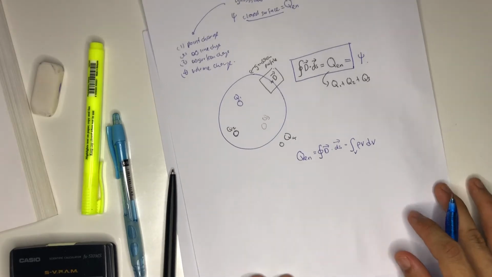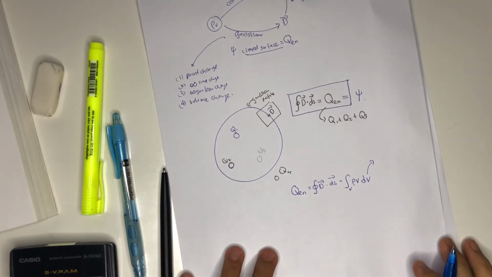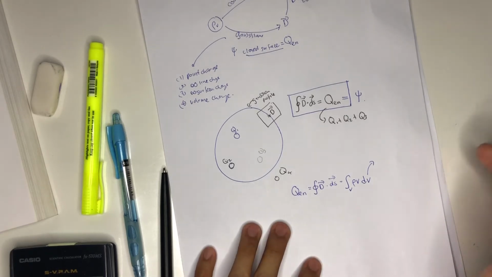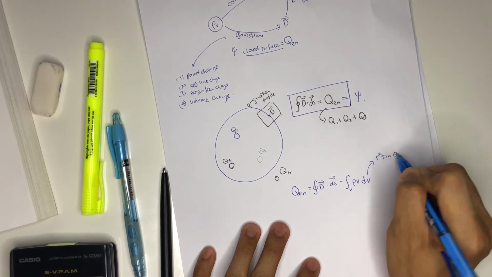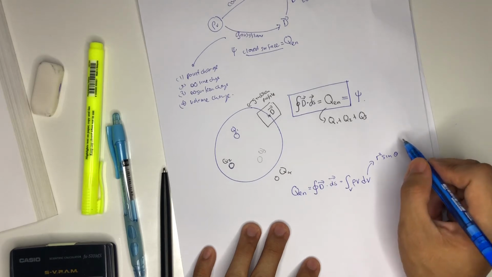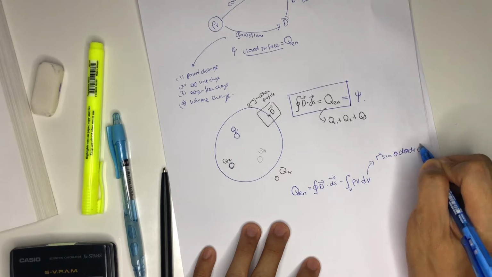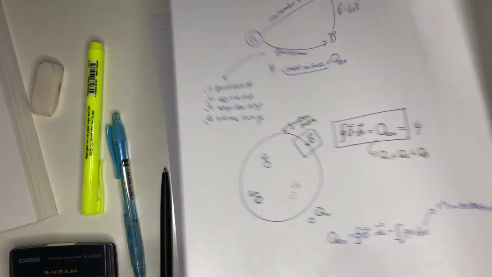For spherical coordinates, what is your dv? It is r squared sine theta dr d theta d phi.